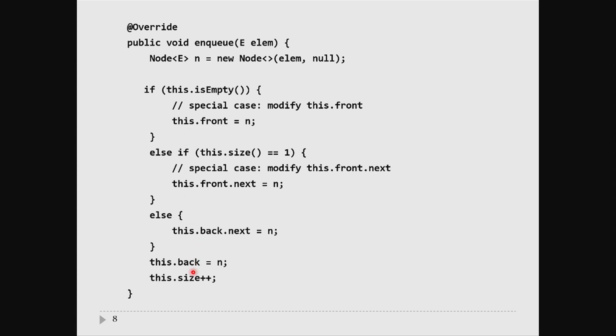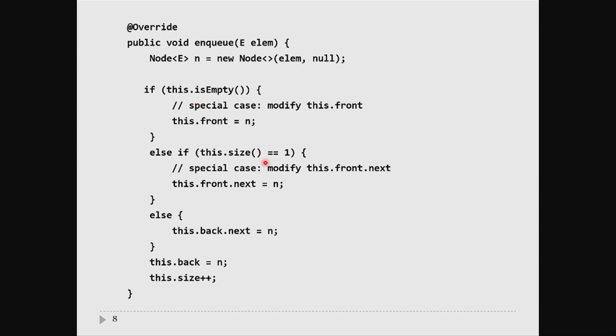The back of the queue also points to that one element. So you need that special case in order to update this.front, which you normally don't have to do when you enqueue something into a queue. Normally you only update the back of the queue.